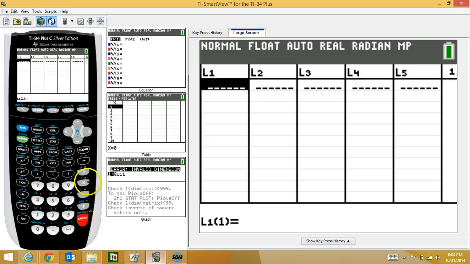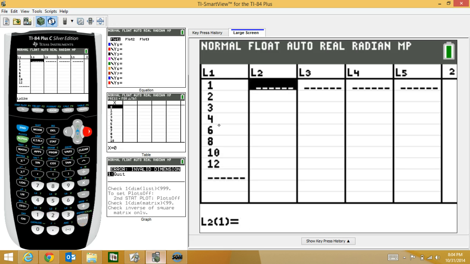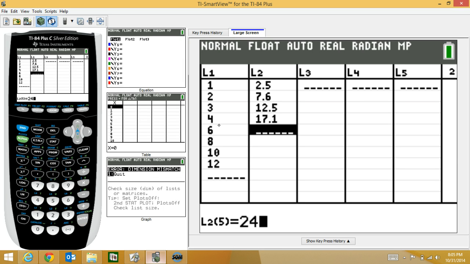So we're going to enter the age in months in list 1. So we're going to enter 1, 2, 3, 4, 6, 8, 10, and 12. And then the weights in list 2: 2.5, 7.6, 12.5, 17.1, 24.3, 37.9, 49.2, and 54.9.